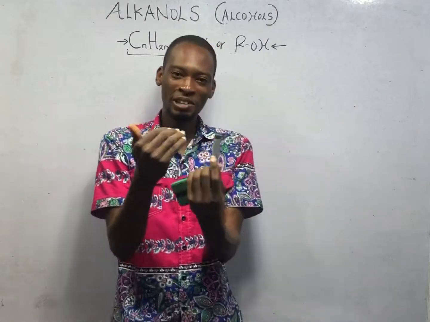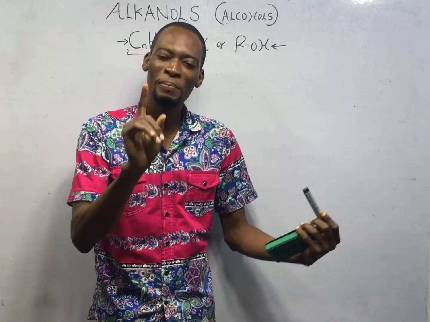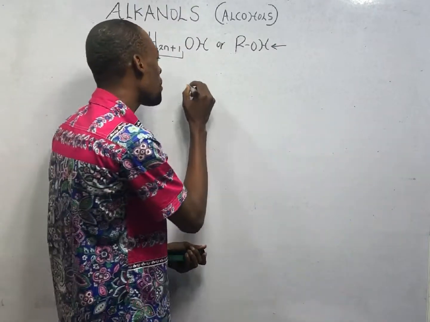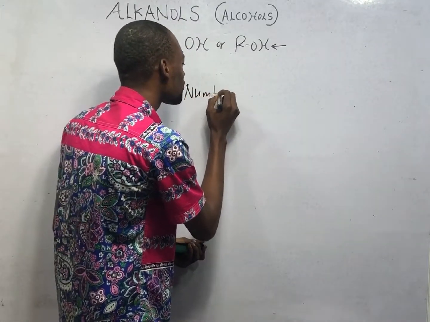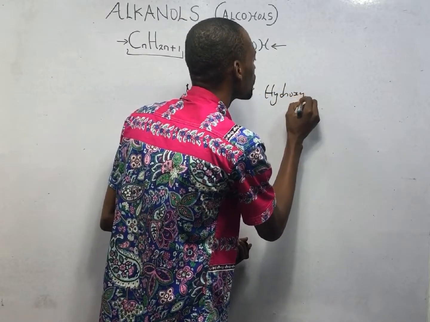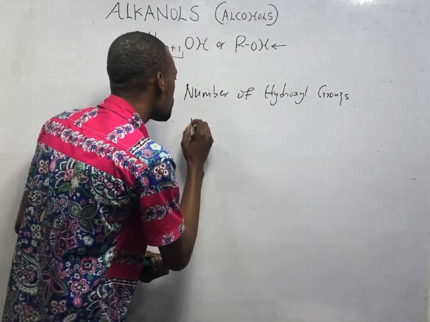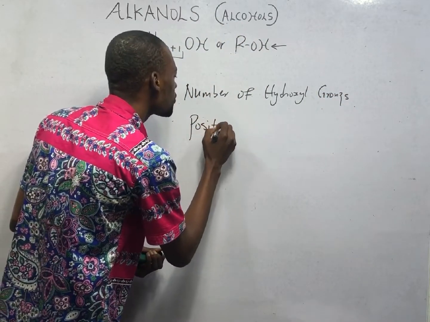Classification of alkanols or alcohols. Alkanols can be classified based on the number of hydroxy groups and the position of the hydroxy group.